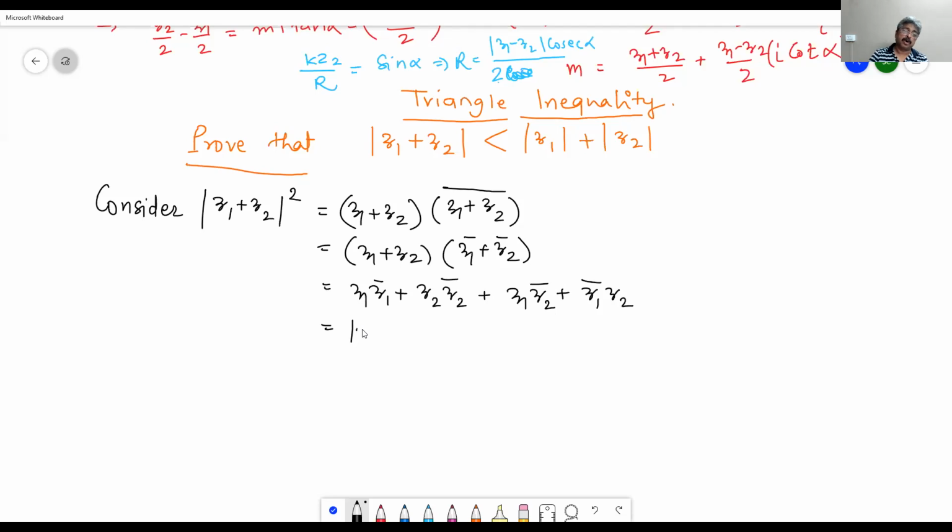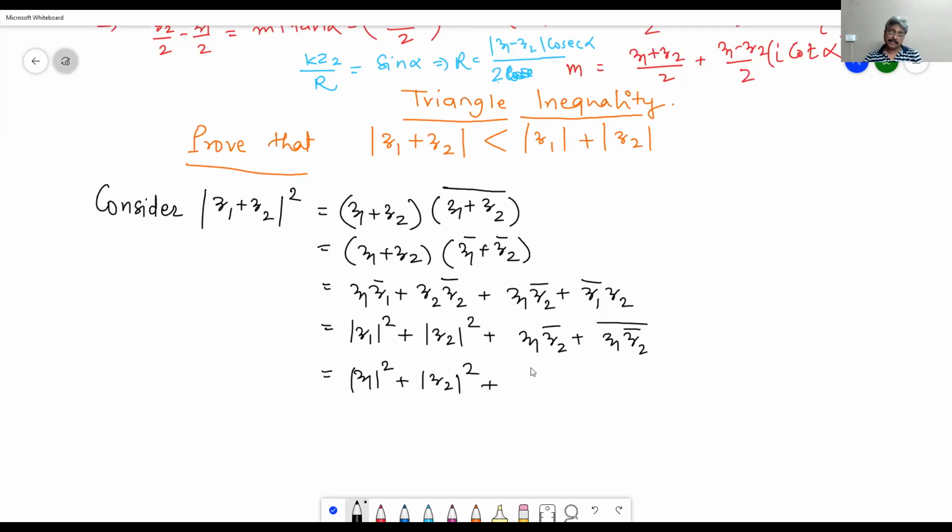Which is equal to mod Z1 square plus mod Z2 square plus Z1 Z2 bar plus Z1 Z2 bar bar, which is equal to mod Z1 square plus mod Z2 square plus 2 times real part of Z1 Z2 bar.